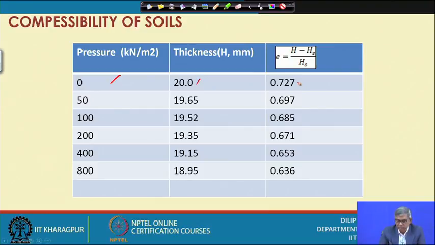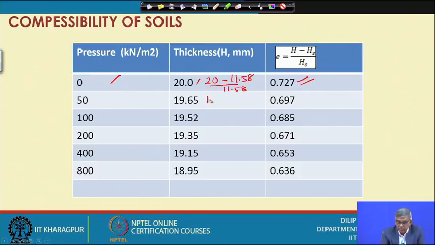So what is the void ratio? It is H minus HS, where H was 20 minus HS 11.58, divided by HS 11.58. If you do this calculation, you will get the void ratio.